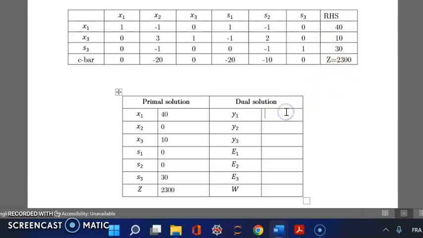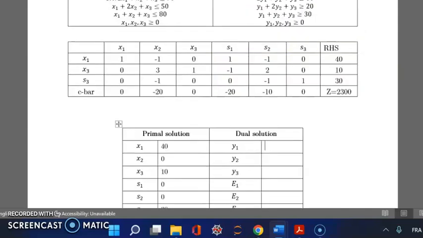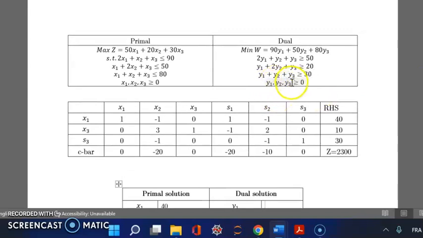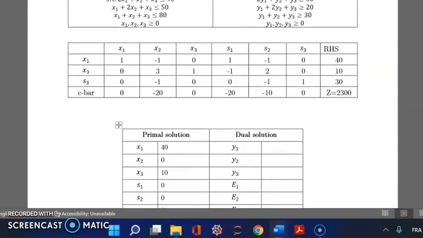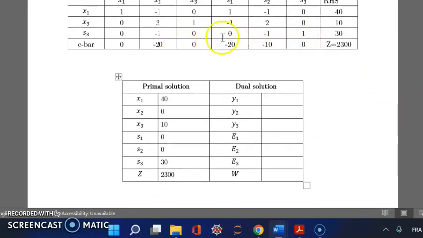Now for the dual solution. For the dual solution, we're going to be looking at the C-bar row in the optimal tableau. The values of y1, y2 and y3 are going to be the C-bar values of S1, S2 and S3 multiplied by -1. We already know that y1, y2 and y3 are positive, so we're going to multiply these values by -1.